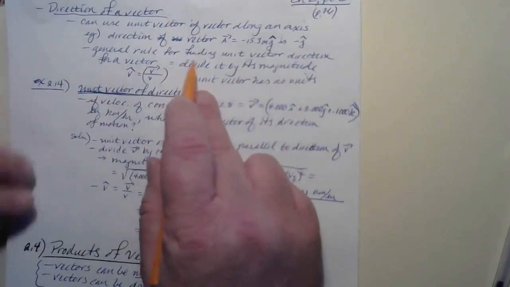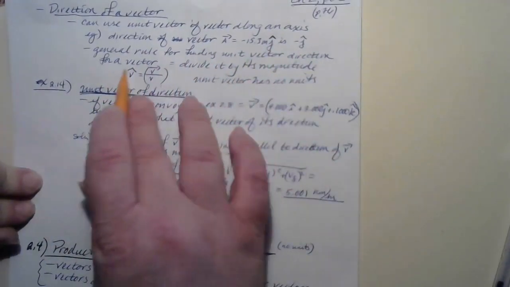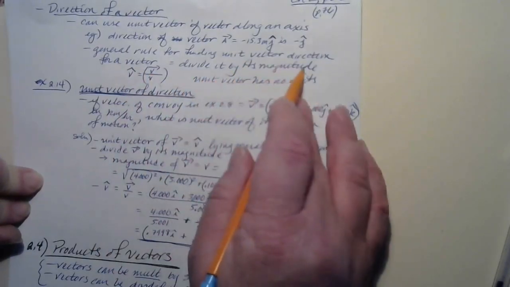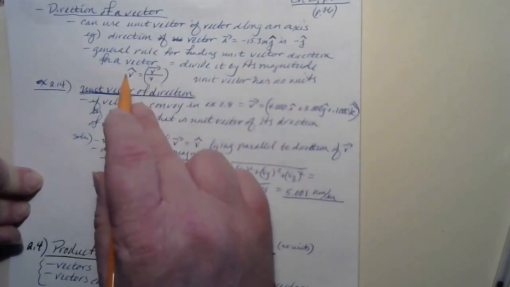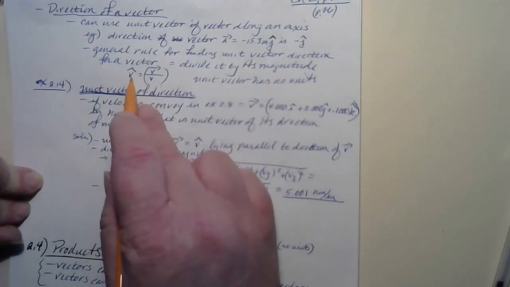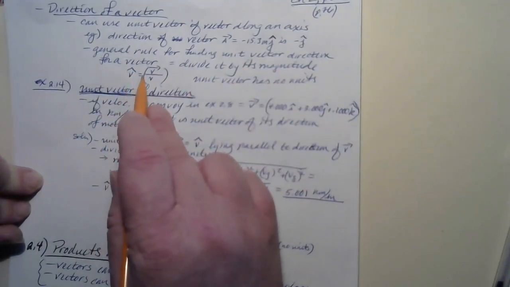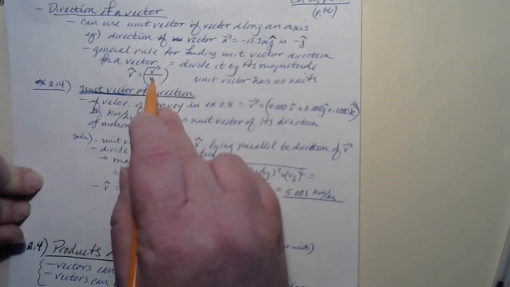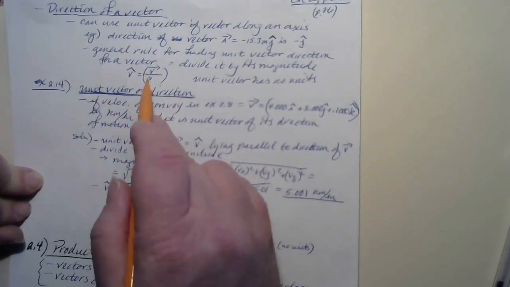So mathematically, the general rule for finding a unit vector direction for a vector is just divide it by its magnitude. In other words, the unit vector for a vector would be equal to the actual vector divided by the magnitude of the vector.